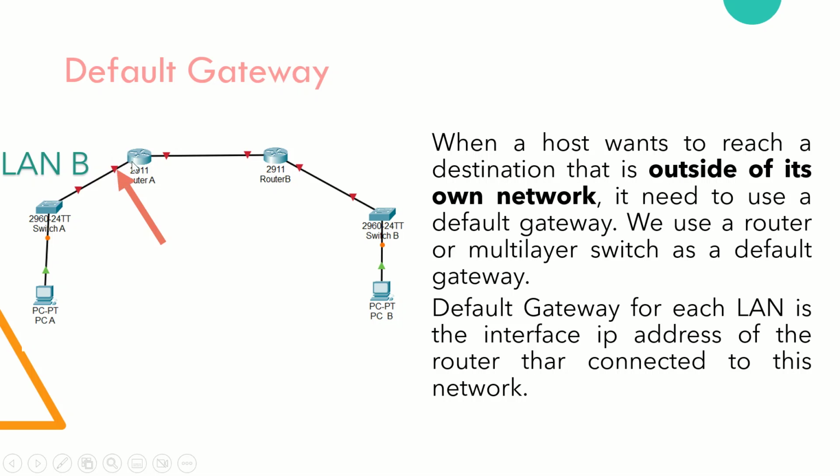The interface of the router should be set as the default gateway, and you can configure it in the switch and in PC A to access other networks in other LANs. The default gateway for each LAN is the interface IP address of the router connected to this network. For example, for here, this interface IP address is the default gateway for this switch and for PC B.